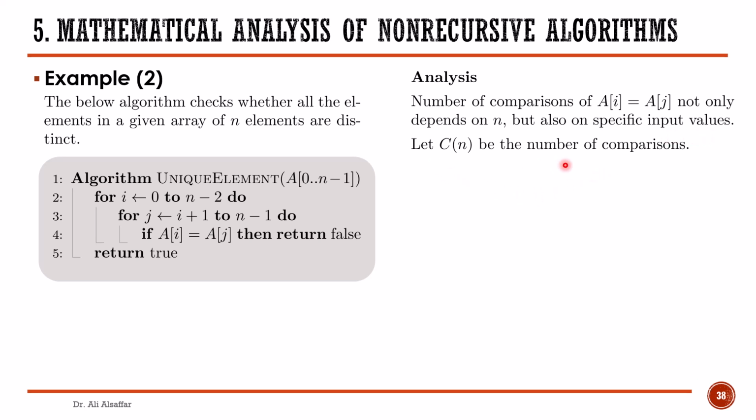Let n be the number of comparisons. If the first two elements in the array are equal, then only one comparison is needed. This represents the best case scenario.